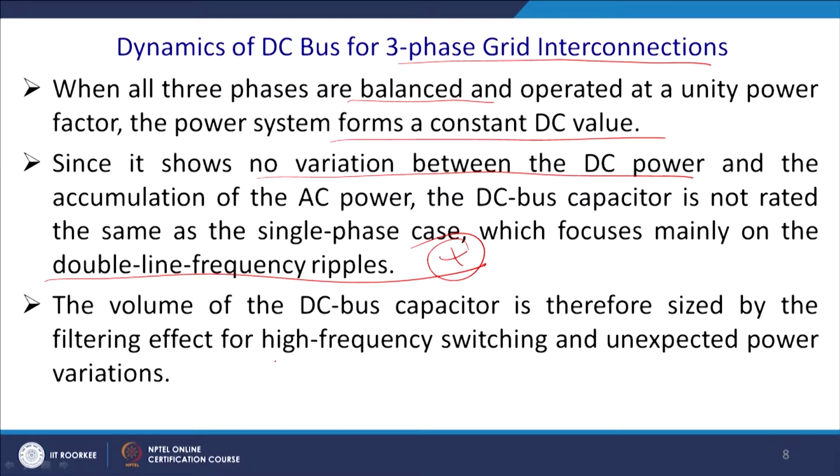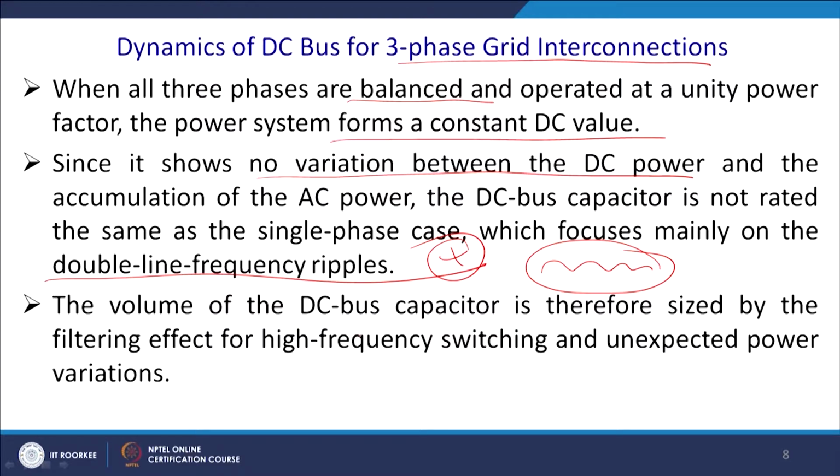And thus what happens, since you have a ripple, this will be a 6 pulse converter, so instead of the double frequency, the frequency will be the 6th harmonic. It is 300 hertz or 360 hertz depending on your system, and thus the size of the capacitor will be reduced.